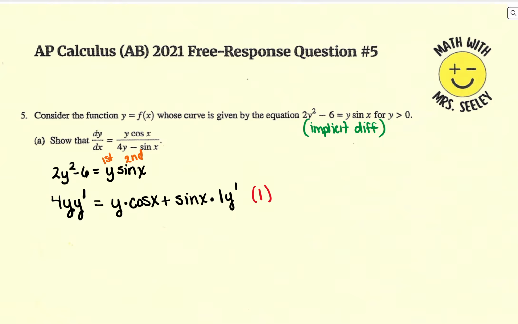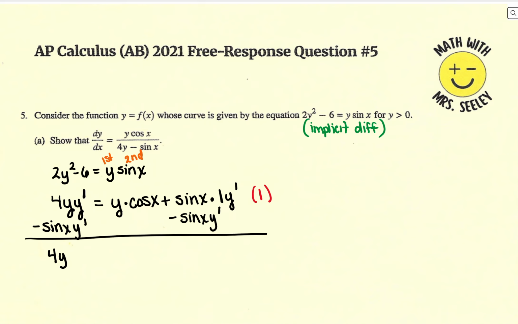To continue to prove and show that it's equal to what they want us to, we need to solve it for y prime. So I'm going to subtract sine x y prime from both sides, because we need to have y prime by itself. So over here I have 4y y prime minus sine x y prime is equal to y cosine x.